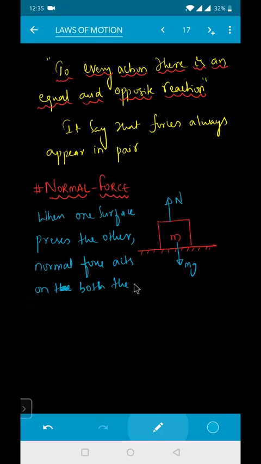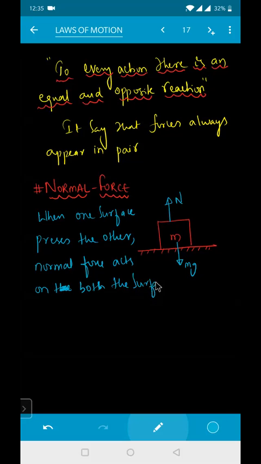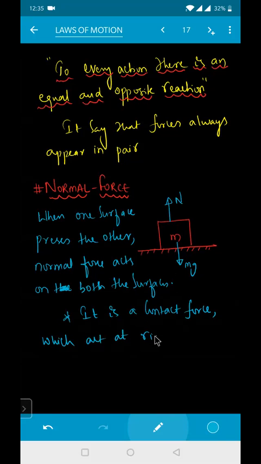It is a contact force, I can say better, which always acts at right angles. If there is no contact, there is no normal. It is a contact force which acts at right angles.